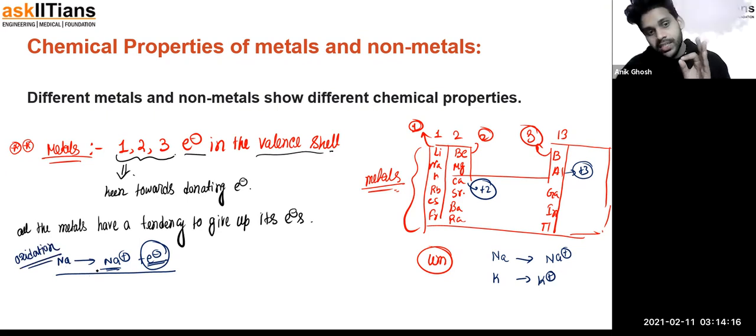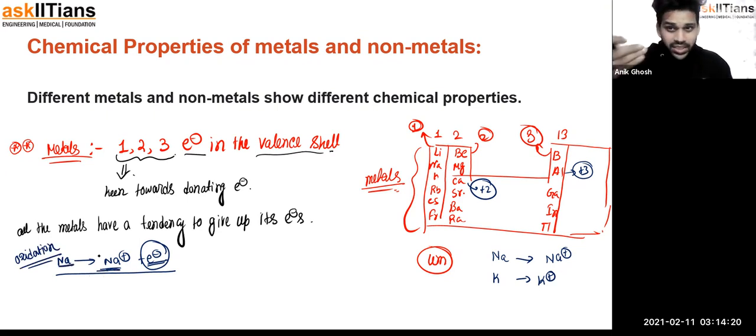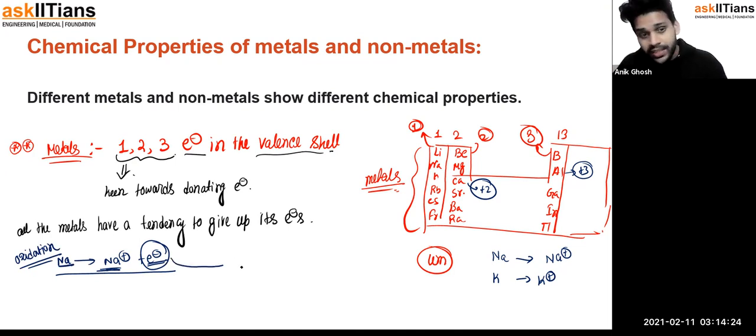Here, sodium is getting oxidized to Na plus. As sodium is getting oxidized to Na plus and losing an electron, this electron has a potential to reduce someone. So for that reason, metals are called very good reducing agents.